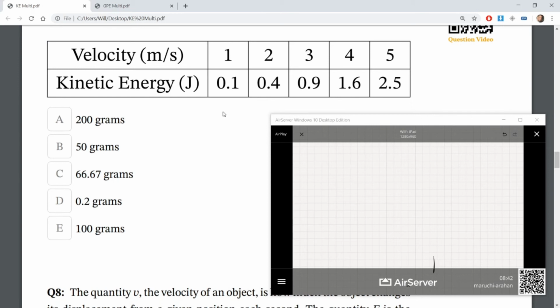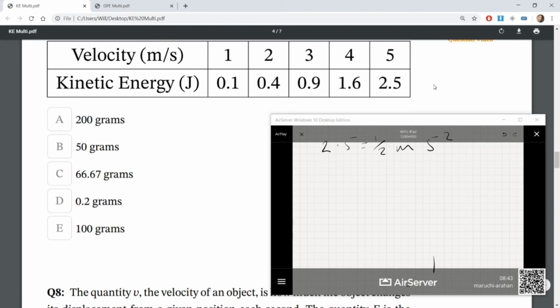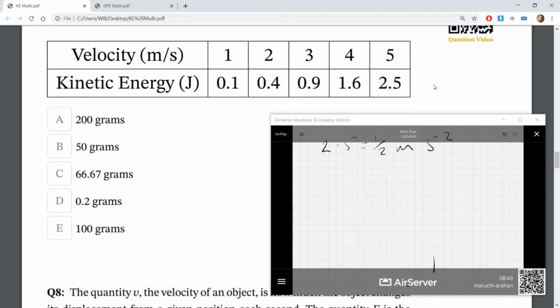So if we just take, let's say, 2.5 equals half m times 5 squared. So I've taken this information here. 5 squared is 25. Divide both sides by 25, you're going to get 0.1 equals a half m.